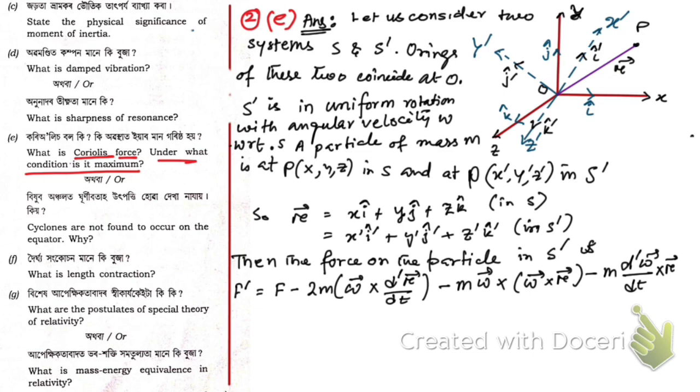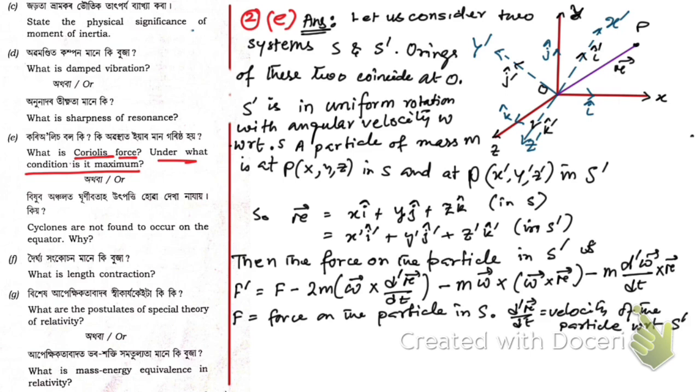Here you see, in this expression, capital F is the force, F dash is the force acting on the particle P in the S dash, and F is the force on the particle in S. And d dash r by dt represents the velocity of the particle with respect to S dash, and this term here is the Coriolis force. So hope you have understood this.